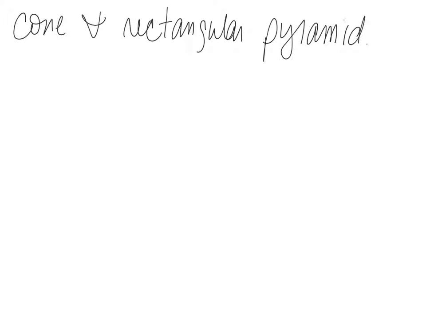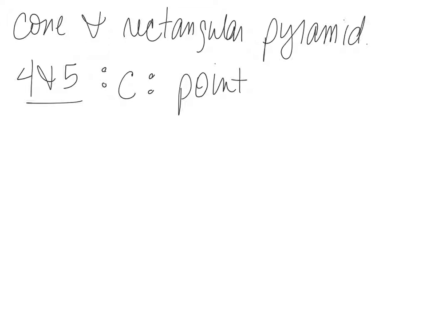So first we're going to look at image 4 and 5, which we called group C, which was figures that came to a point and had a polygonal base.